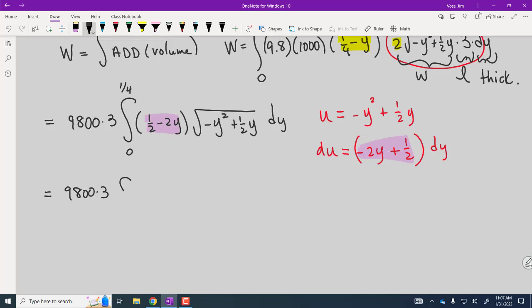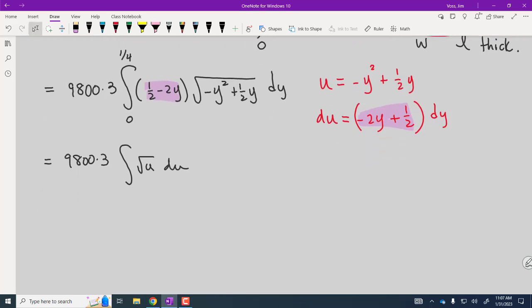So this integral then becomes, we have the square root of u. That was this main part. And isn't the whole rest of it just du? 1/2 minus 2y times dy, that is du. And let's convert our limits because it's easy in this case.